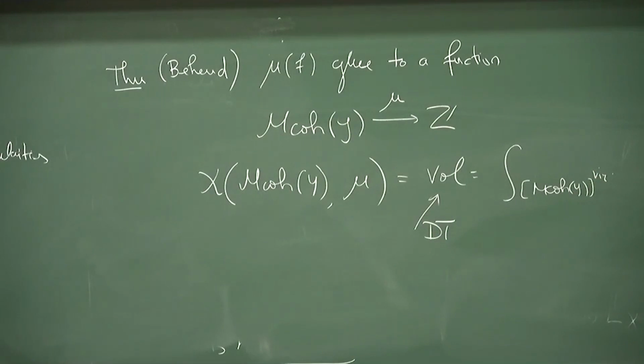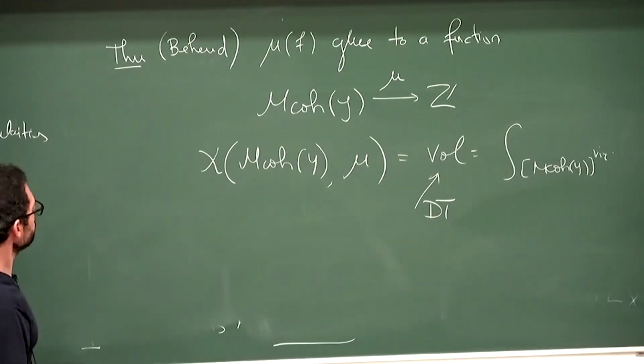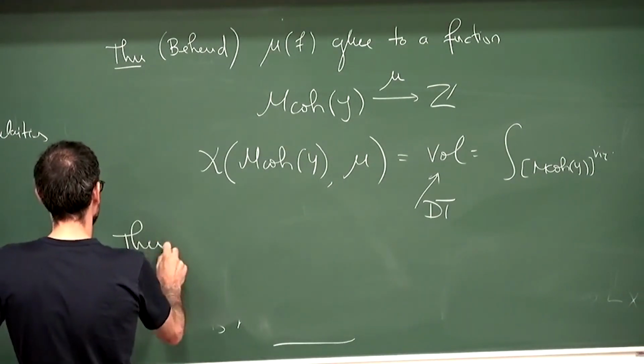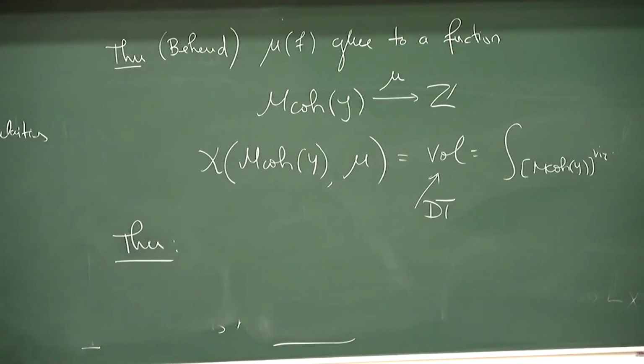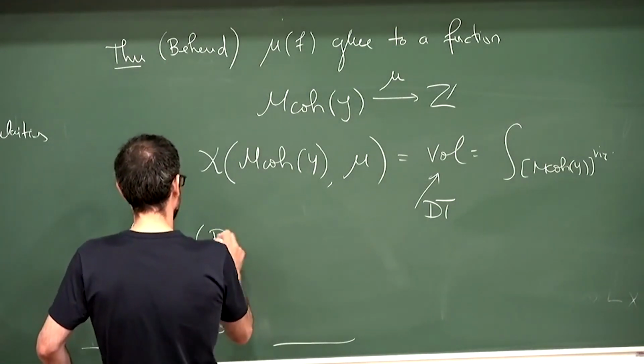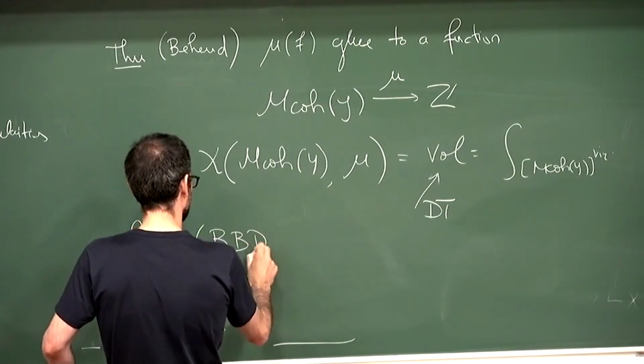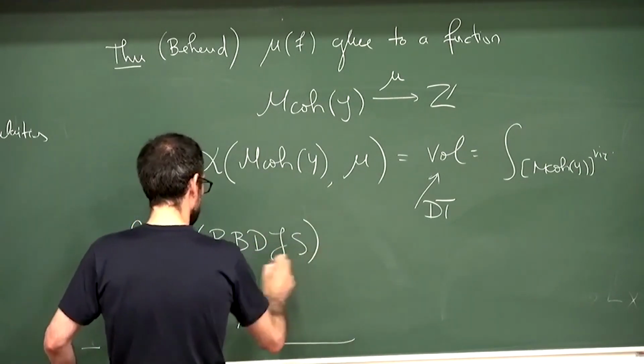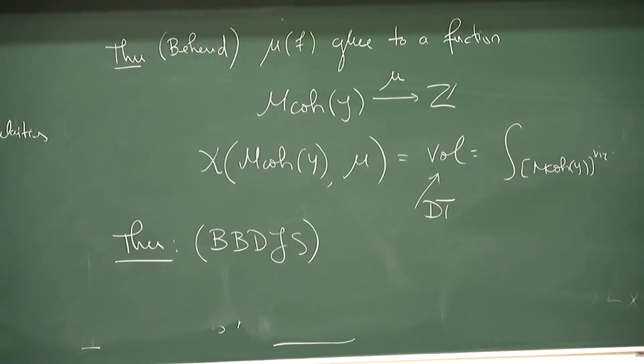So you can use this function to compute the volume of this moduli space. But for the purpose of the talk, this is not so relevant. What is relevant is that this thing glues and why it glues. There is another theorem by Brav, Bussi, Dupont, Joyce, and Szendroi that tells us that this local invariant, the perverse sheaf of vanishing cycles, also glues.